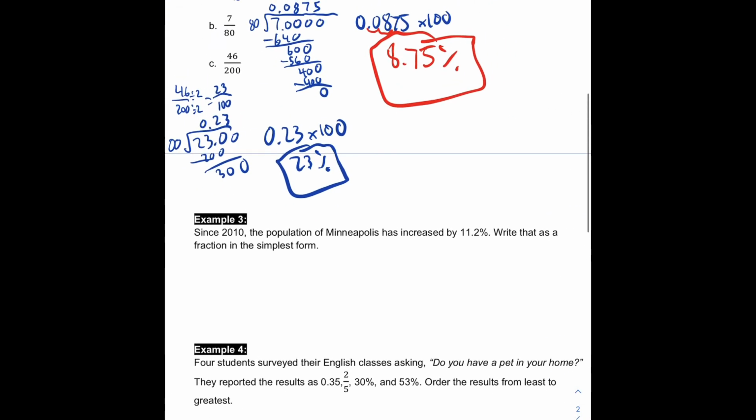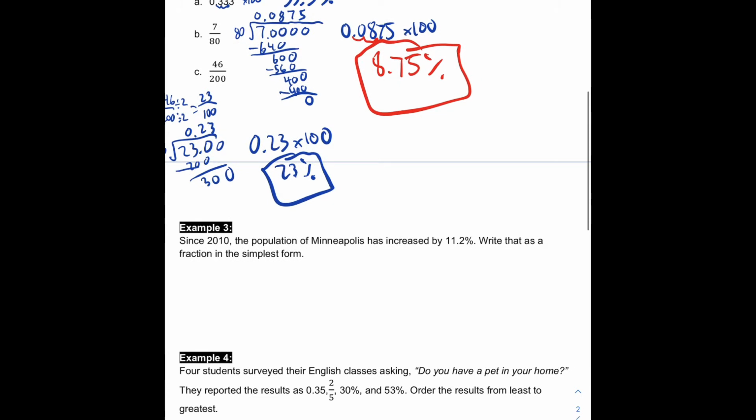Since 2010, the population of Minneapolis has increased by 11.2%. Write that as a fraction in simplest form. Now, because it has increased, if we stayed the same, if we were neutral, we always kind of start at 100%. So since it increased, I have to take 100% and add 11.2%.